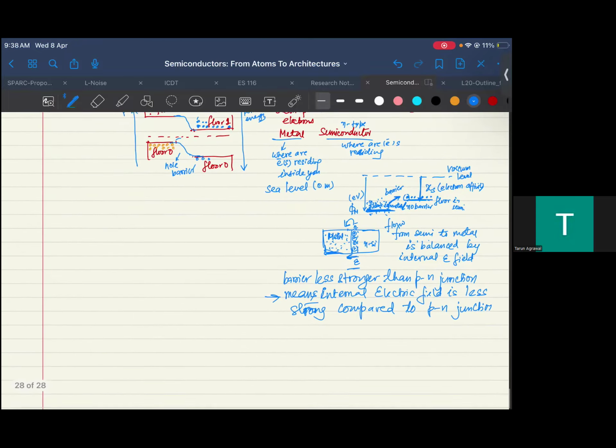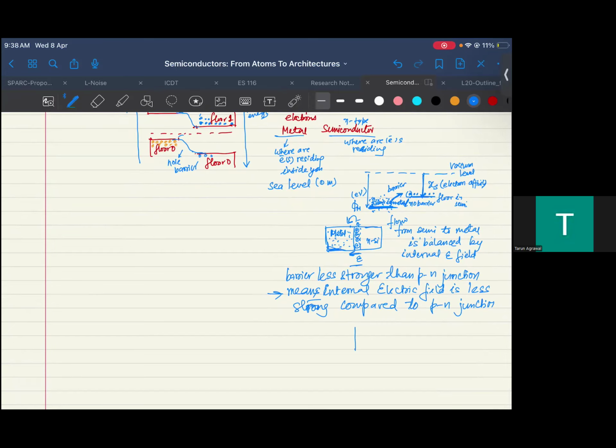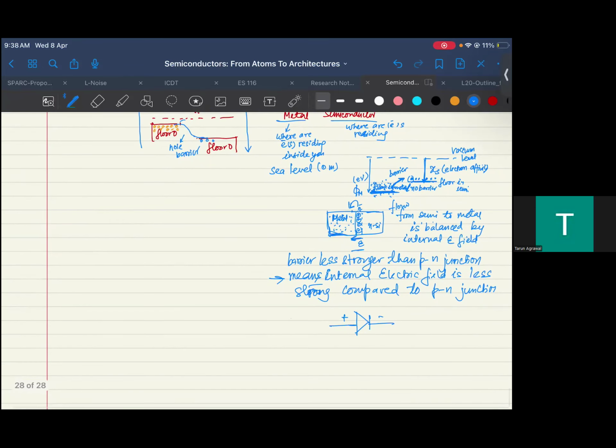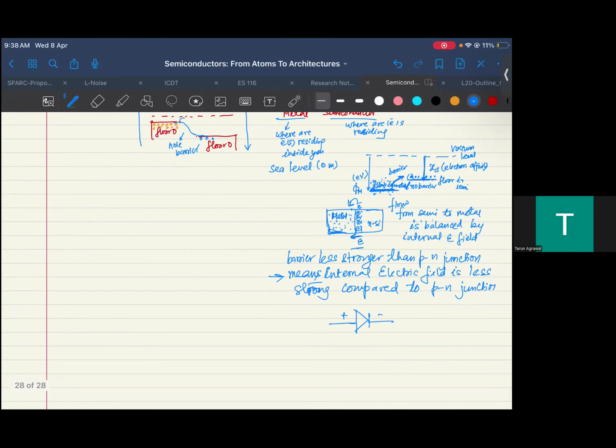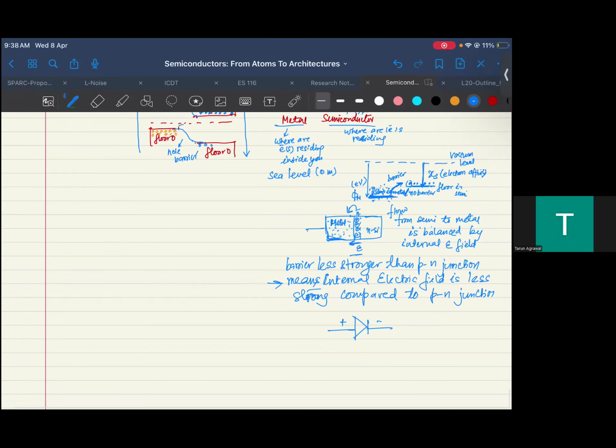That is the reason why, if I were to make this diode, the barrier I need to overcome to turn it on is lower. Let's say I apply a positive voltage on one side and negative on the other. I'm going to push an external electric field opposite to the internal electric field.